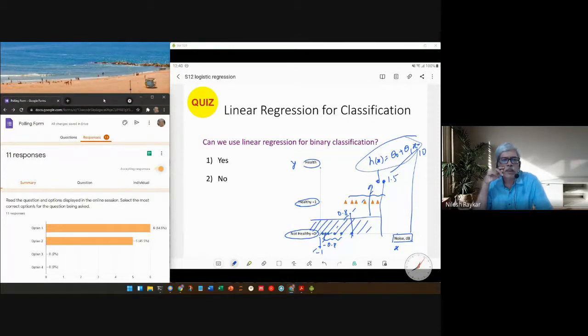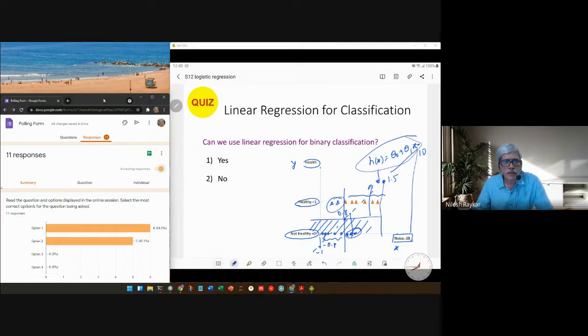The other point was that if you are very desperate and want to use linear regression only for this problem, you can use it with the logic that below 0.5 it is 0 and above 0.5 it is 1. In that case, if this is the demarcation point, some samples to the left of this will be misclassified, and some samples to the right of this will be misclassified.